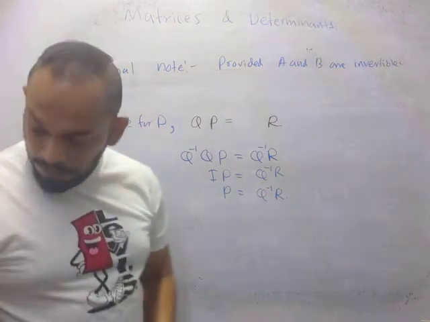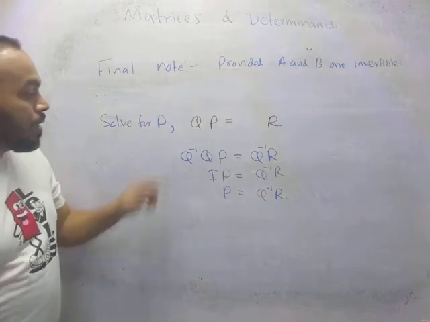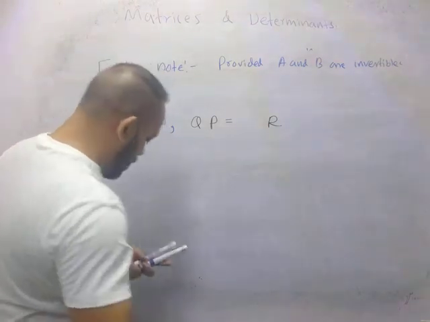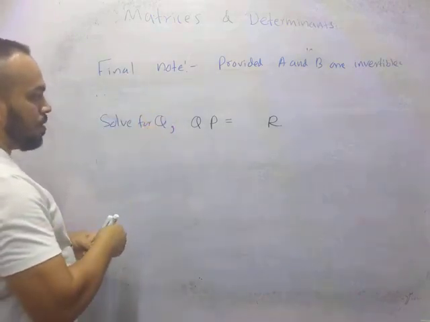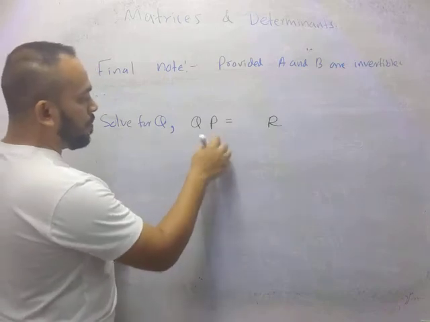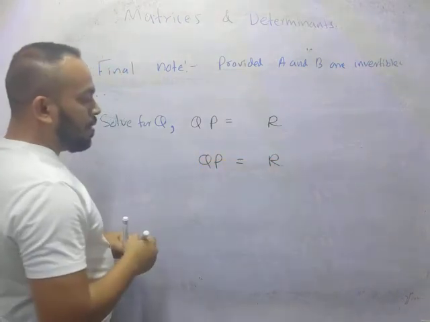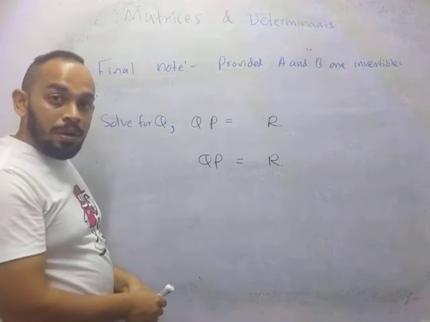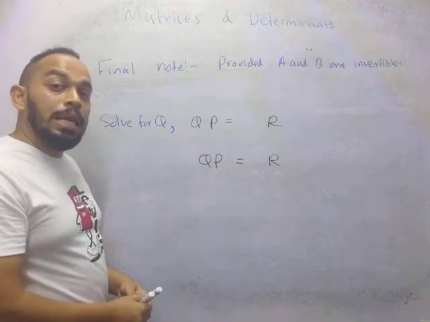Very simple. Right. Now let's see, how do you solve for Q instead? So what do you do? QP equals R. Now we have to solve for Q, so you have to get rid of P. To get rid of P, you have to multiply this equation by P inverse.